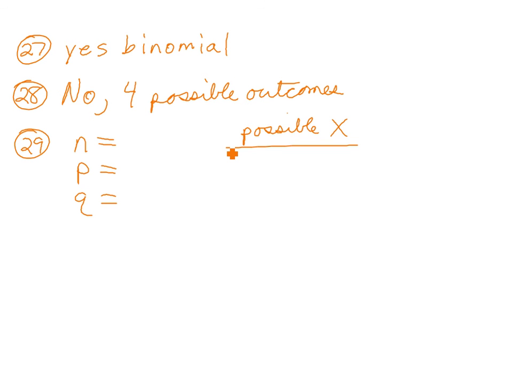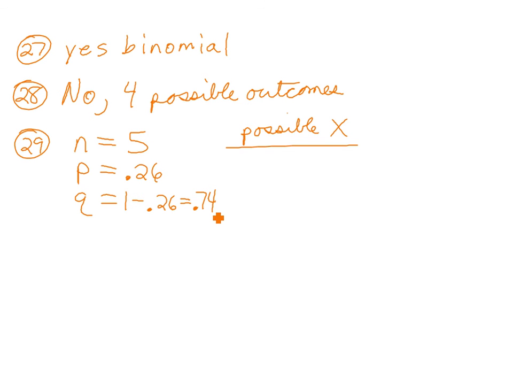Alright, so n is the total number that we're picking. And we randomly picked 5 Americans, it said. So that's our n. The probability p is the 26%. We change that to a decimal, so it's 0.26. And then q is just 1 minus that 0.26, which is 0.74.